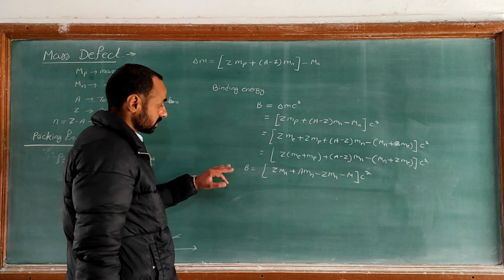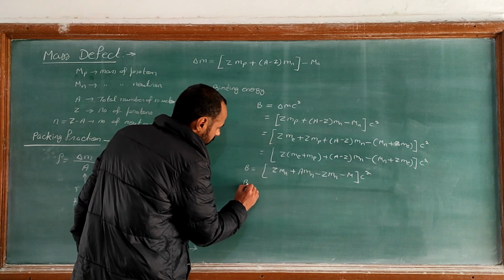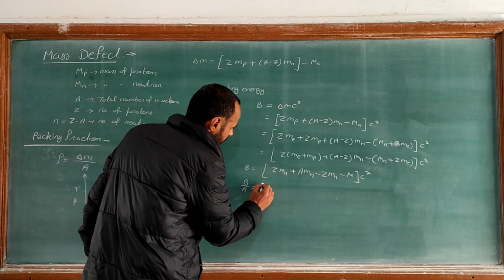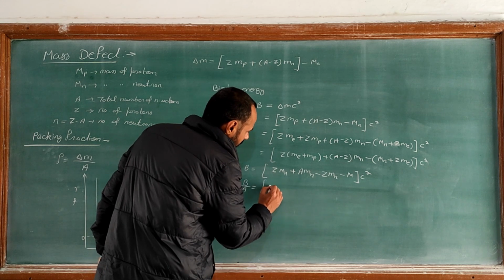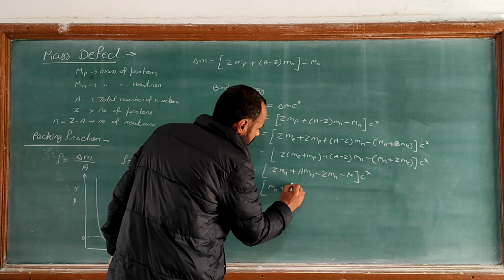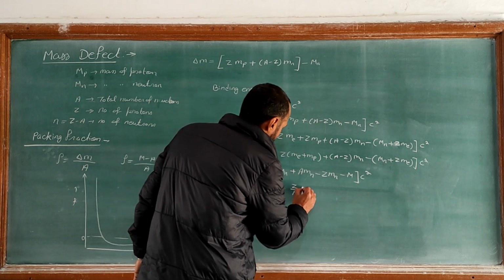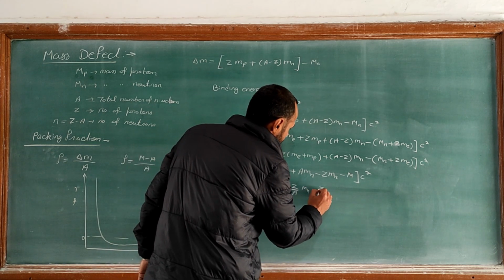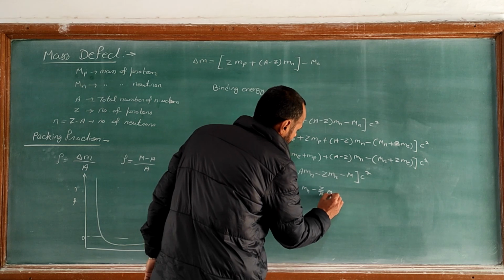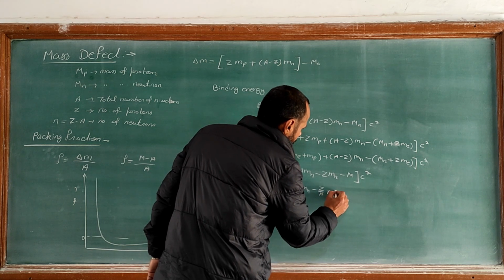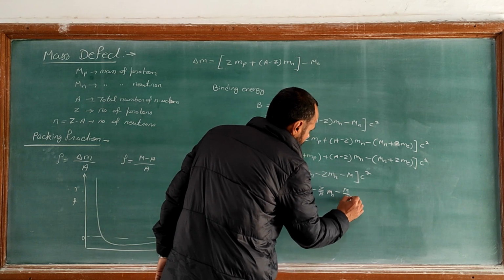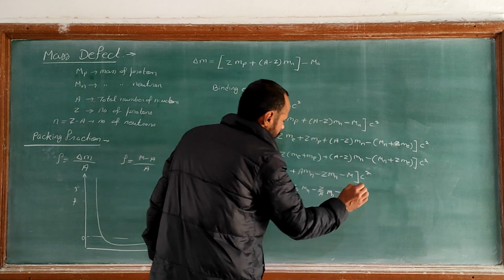So now if we are interested to find out binding energy per nucleon, B by A, it is Mn plus Z upon A (MH minus Mn) minus M by A into c squared.